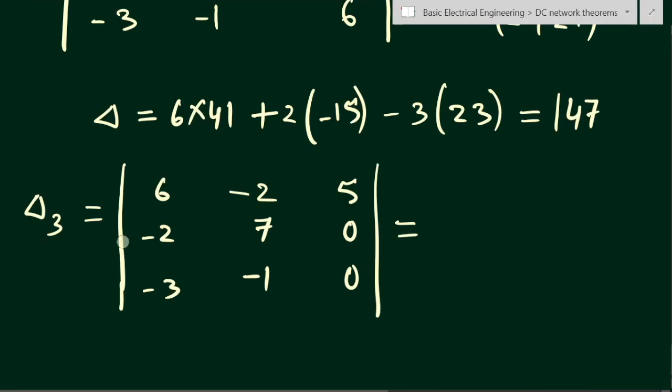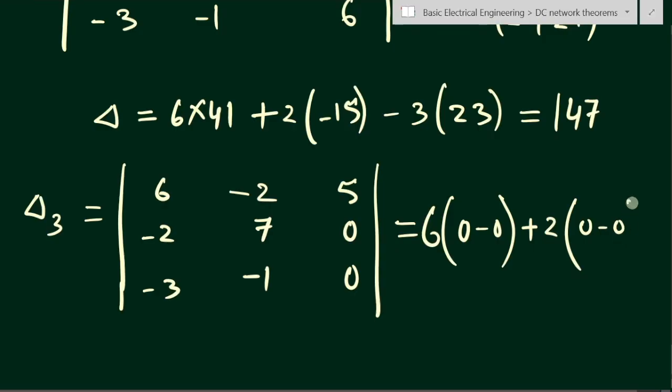Now let us find out the value. 6 whole into this 7 into 0, this is 0, minus this 0 into minus 1, this is 0. This minus and minus, it will be positive, so 2 whole into, so minus 2 into 0, it will be 0. Okay, and here we have this 3 minus 3 into 0, this will be again 0, plus now we have this 5 whole into minus 2 into minus 1, this will be 2.